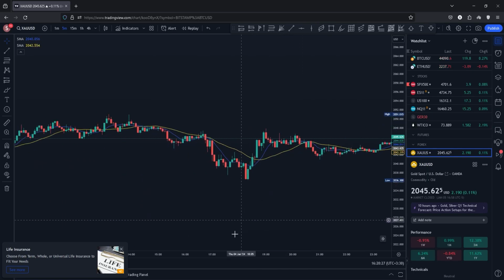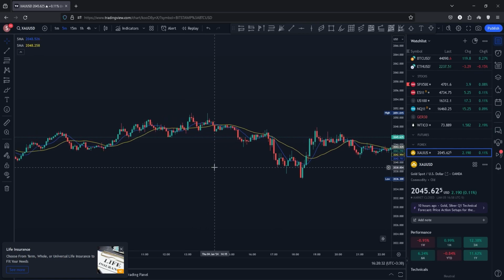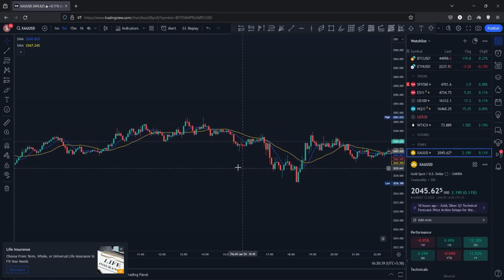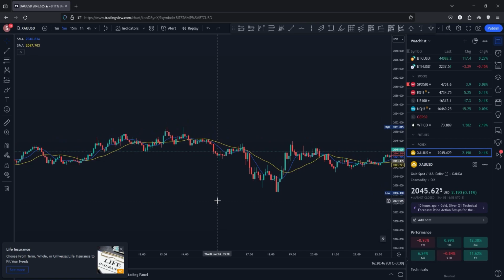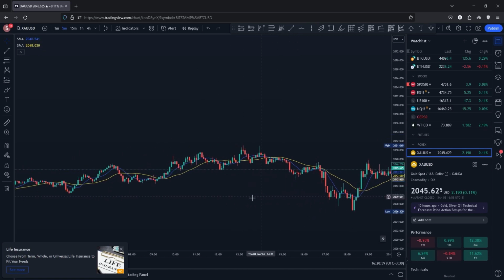Well, let's see if we only enter the trade in good sessions, such as the American session or the London session. As you see, you can enter the trade here. It gives you a good profit, and if you enter here, it can give you a good profit too.